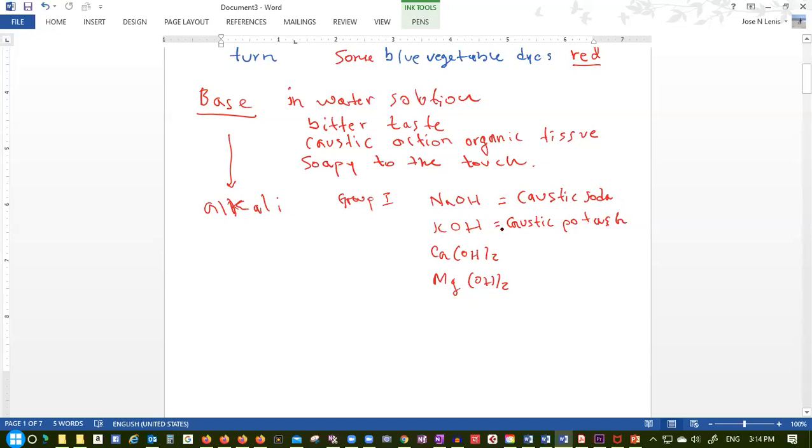And actually potassium was discovered in caustic potash. Caustic soda and caustic potash mixed together are known as lye. So caustic potash contains potassium hydroxide, and potassium was extracted from here.